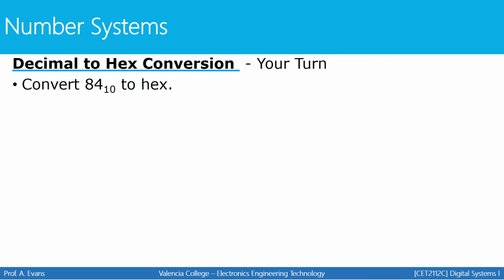So it's your turn. Try to convert the number 84 to hex. You can divide by 16, and then your answer will be in the remainders, or you can do repeated division by 2, and then convert that to hex. It's your choice. Do what you feel comfortable with, but see if you can get the answer on your own.